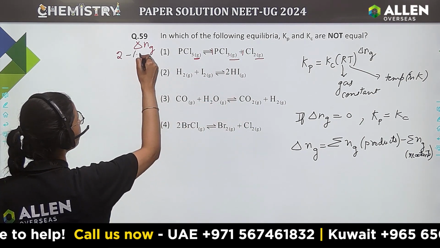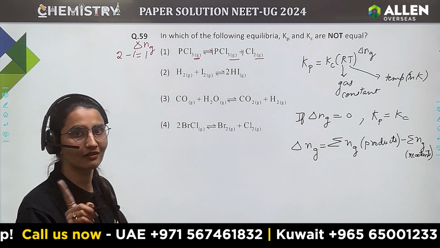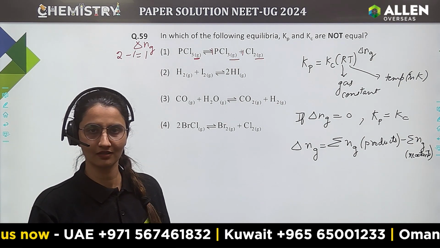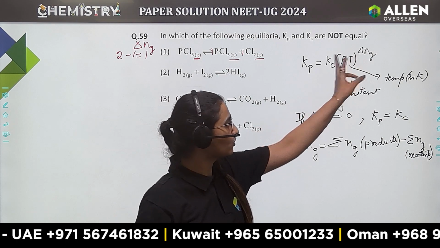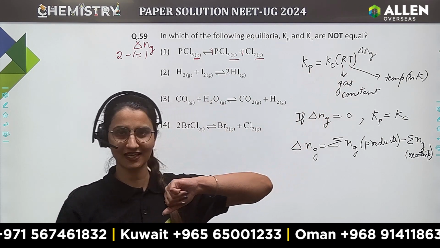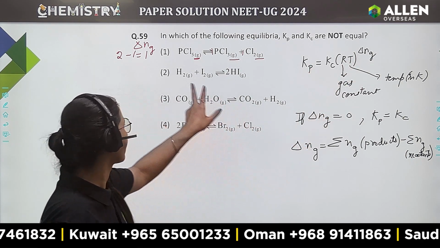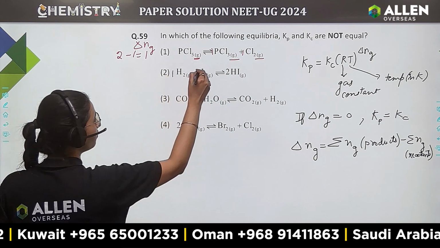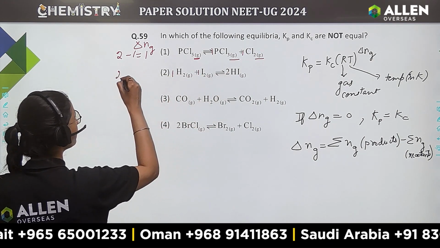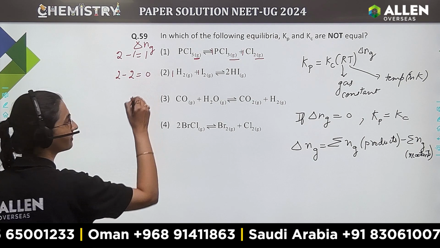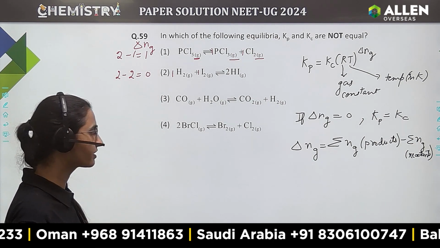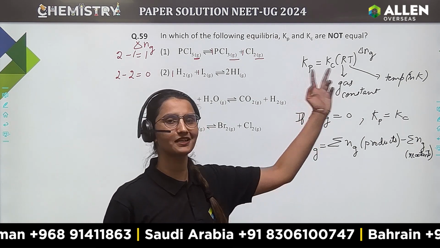Minus 1. What is delta Ng? 1. Here delta Ng is not equal to 0. If delta Ng has some value, obviously Kp and Kc will be different. Let's check next. 1 mole, 1 mole, 2 moles. 2 minus 2 is 0. Delta Ng is 0. Thank God it is 0, because then Kp and Kc are equal.